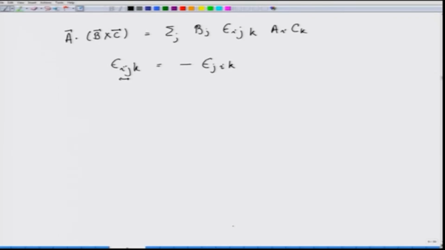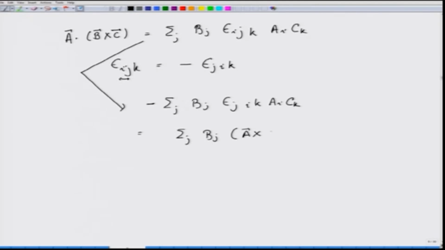So, I can write this as summation over j with a minus sign B_j epsilon_jik A_i C_k, which is nothing but equal to summation over j B_j times the j component of A cross C, with a minus sign, which is equal to B dot A cross C with a minus sign.